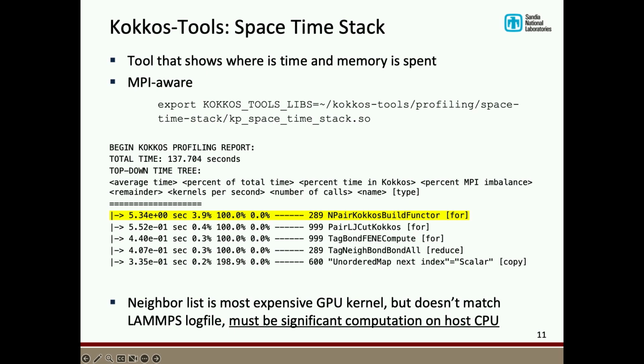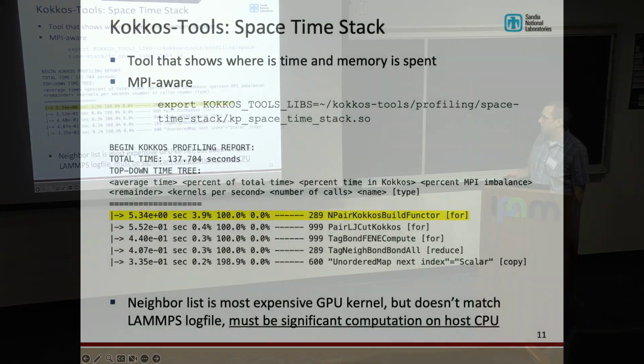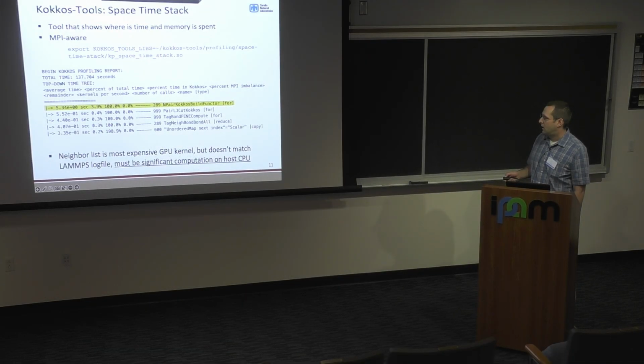This shows that the largest GPU kernel is the neighbor list build, but it's not really high, and so it's not matching what we're seeing with the LAMMPS log file. So there must be some significant host computation that's not captured by the GPU profiler.